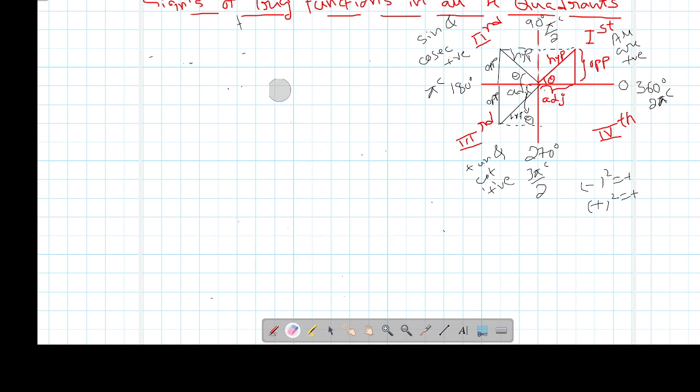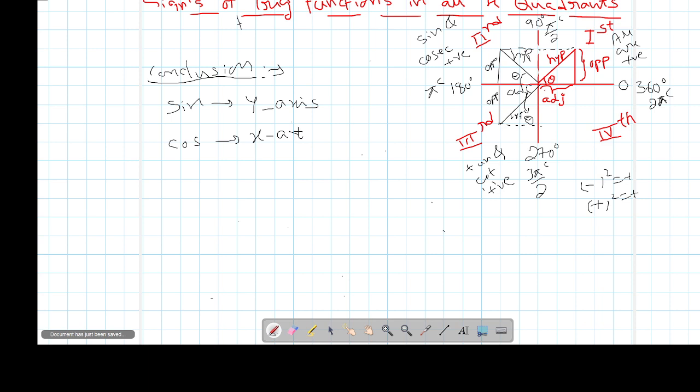That's it. So the final conclusion: sine depends on the y component, the y axis, and cos depends on the x component, the x axis.